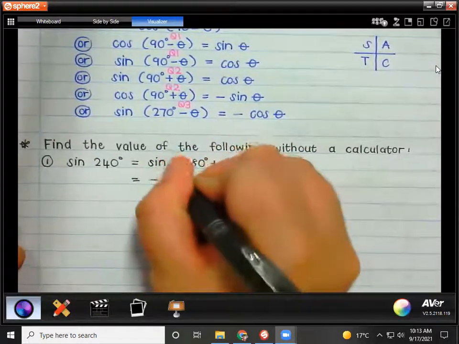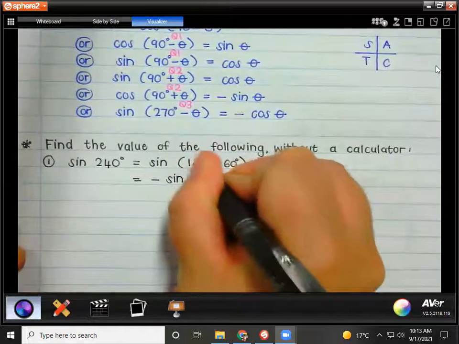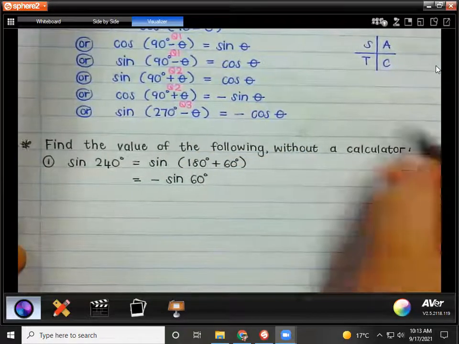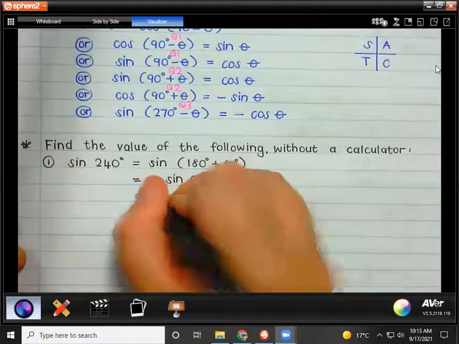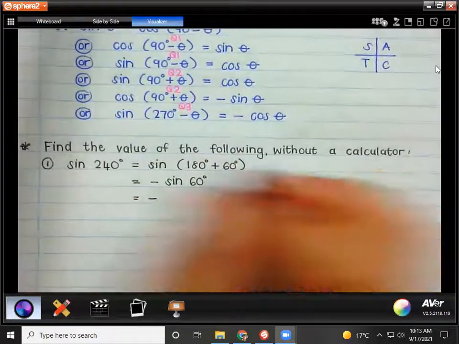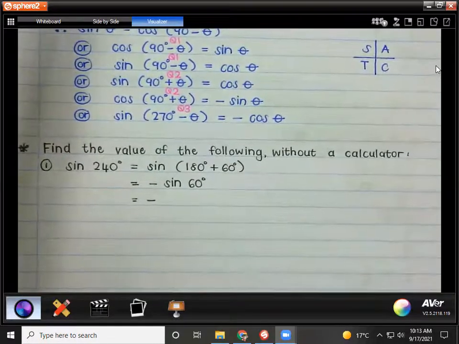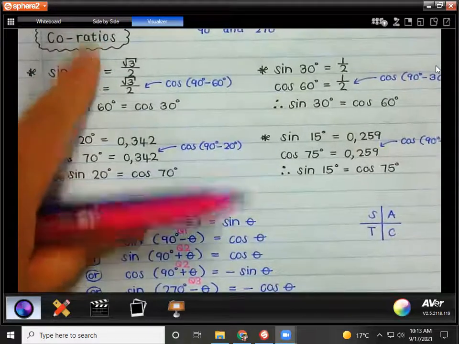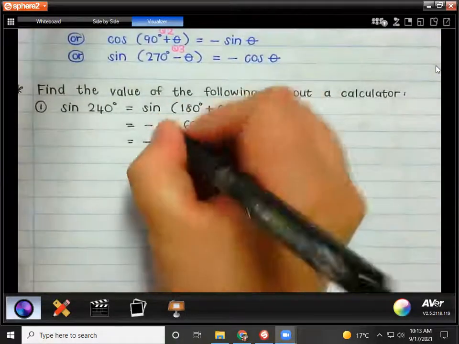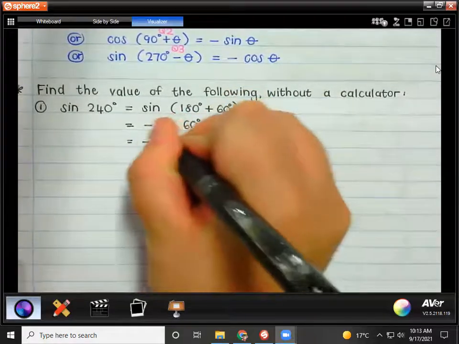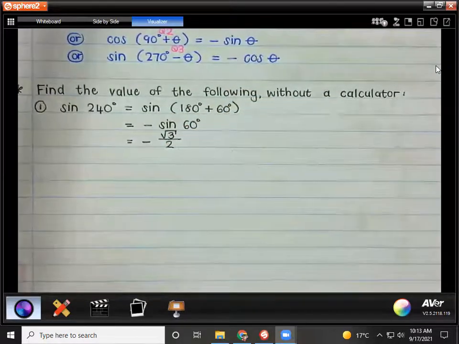Negative sine 60. I'm not going to draw my triangle now, but you would draw it, and then use your triangle to get your value. The value here is going to be negative root 3 over 2. We did actually calculate sine 60 up there. So negative root 3 over 2.